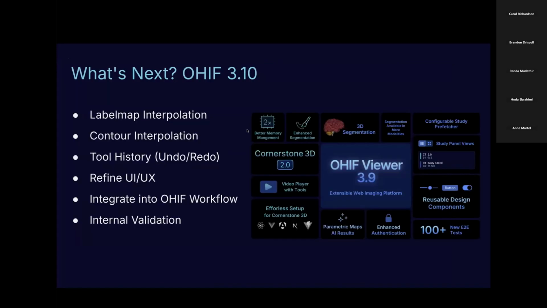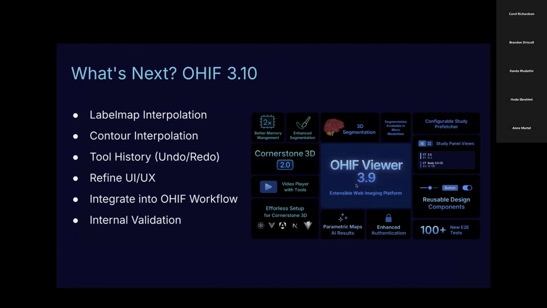We recently released OHIF Viewer 3.9. You can see the release summary on the right. For 3.10, which is planned for the end of the first quarter of 2025, we would like to reduce the gap and bring all the new and shiny features I introduced in Cornerstone to OHIF.